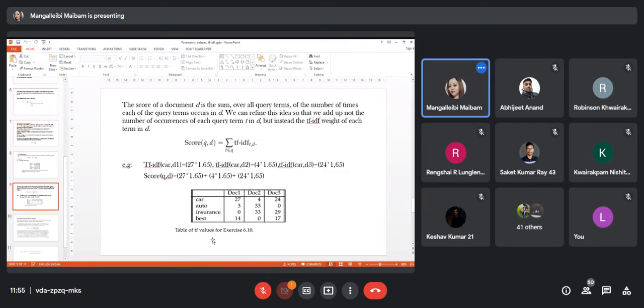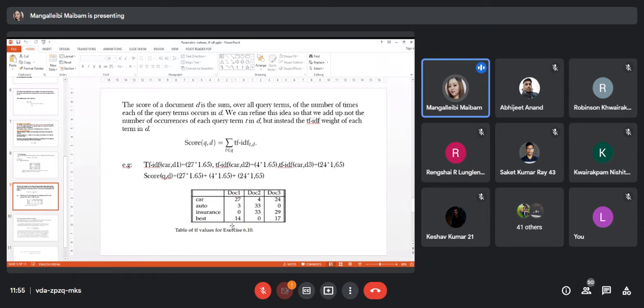That's why for each document we have to find the TF-IDF: for car in document 1, for car in document 2, for car in document 3, like this. You have to find each TF-IDF for the respective documents given in the collection.